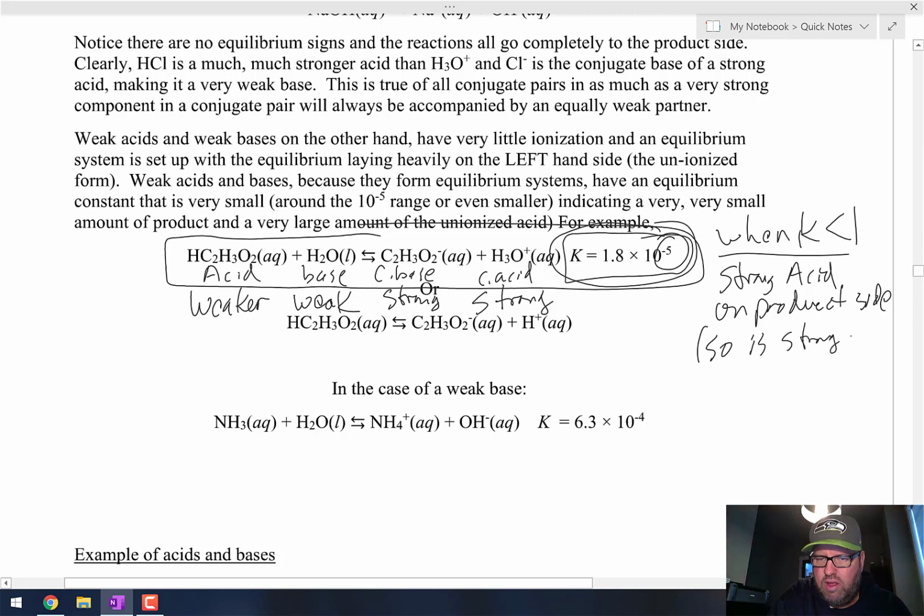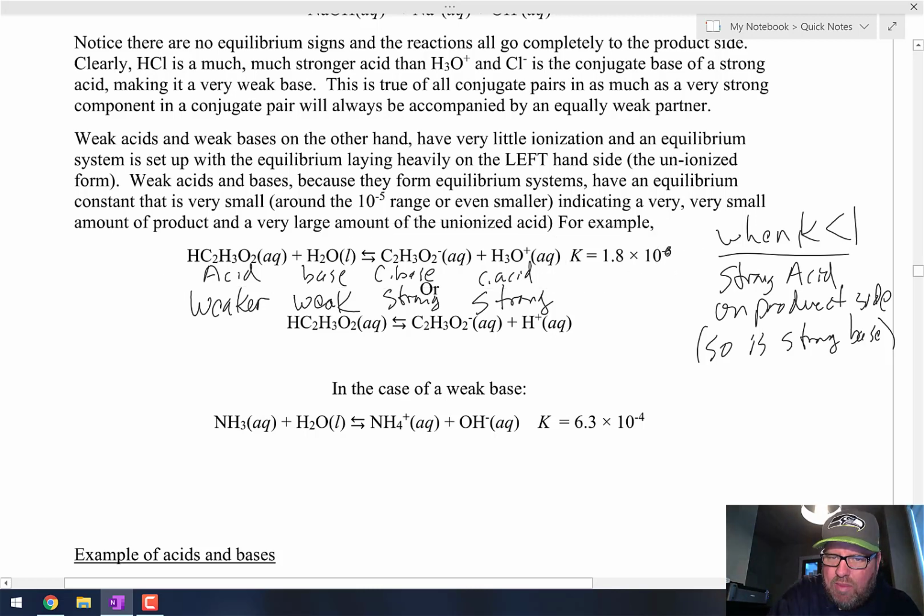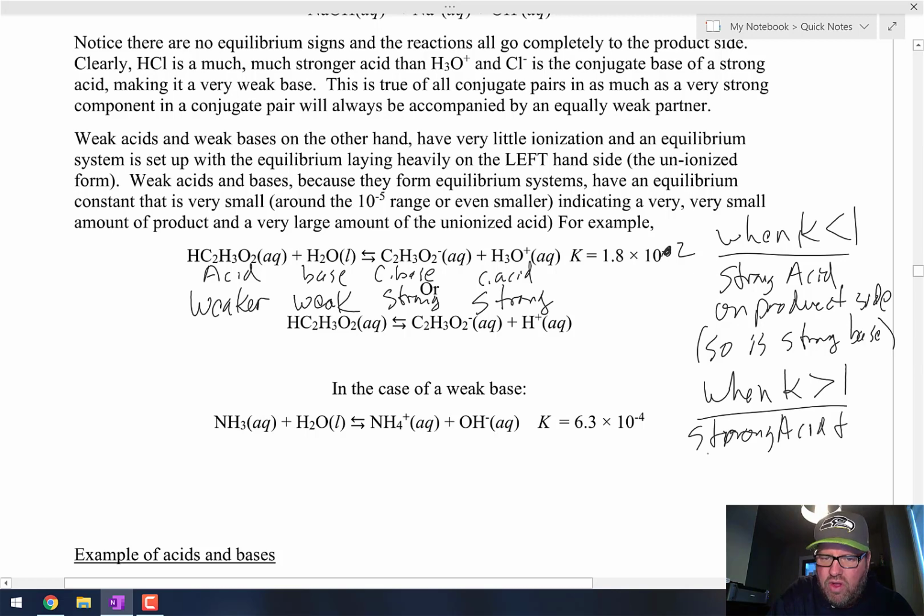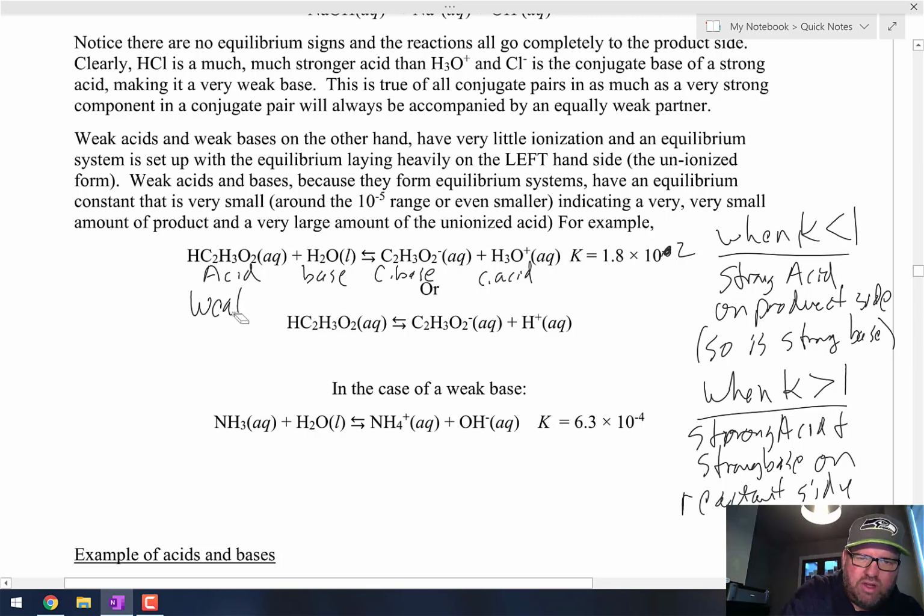If K is greater than 1, let's say it's 10 to the second, positive 2, then the strong acid and the strong base will be on the reactant side. Let's think about why.